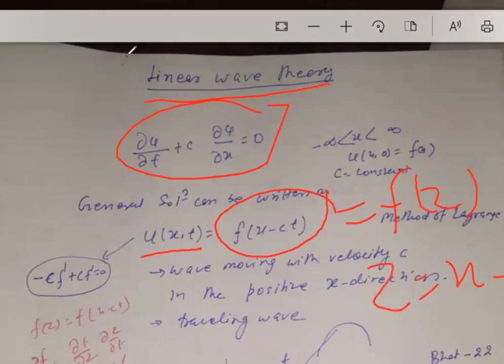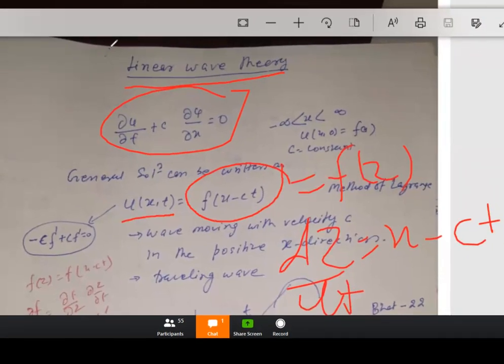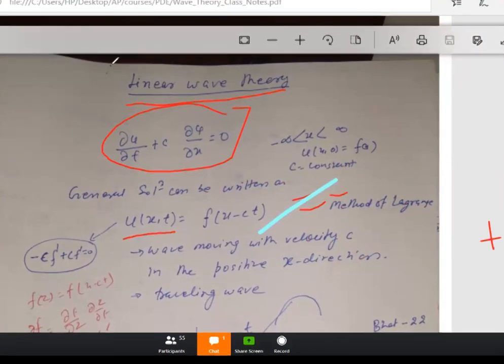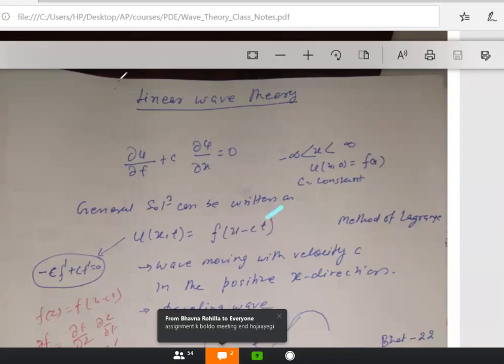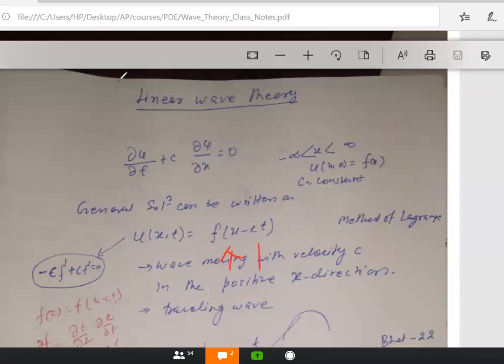It means if you write dz by dt, you see how the wave is moving. If the wave is moving in the x direction with velocity c, a certain wave.